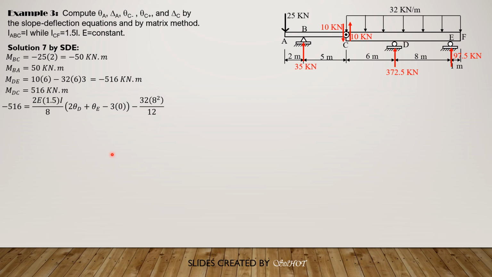So simplifying this equation, we have 2 theta D plus theta E equals negative 8,288 over 9 EI. Call that equation 1.